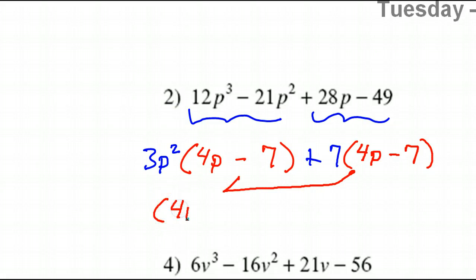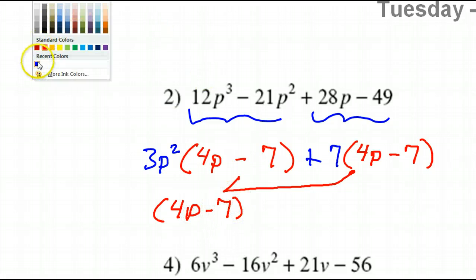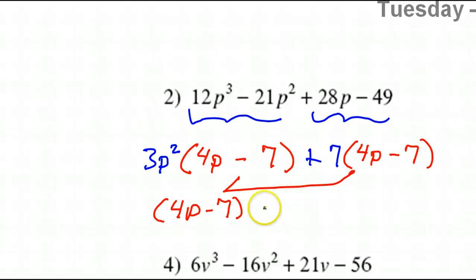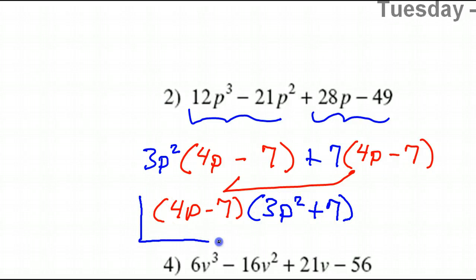So we will have 4p minus 7 out front. And that's going to leave behind the blue stuff. So that's 3p squared plus 7. This cannot be factored. It's addition, not subtraction. These aren't perfect squares, so this is the final answer for number 2.